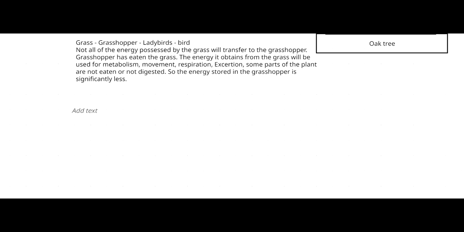Similarly, when we talk about animals, right? The animals are affected by temperature. If the temperature of an area becomes too cold or too hot, it can affect the survival of an animal species.